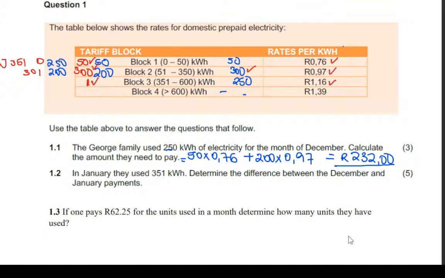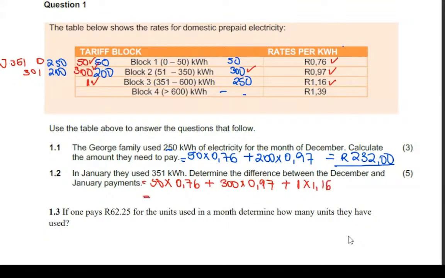Let's do that very fast. 50 times 0.76 plus the 300 times the 97 cents plus our 1 times 1 rand 16 cents.